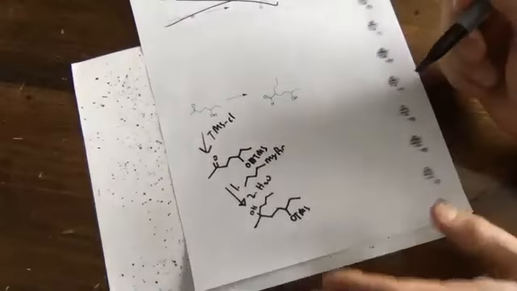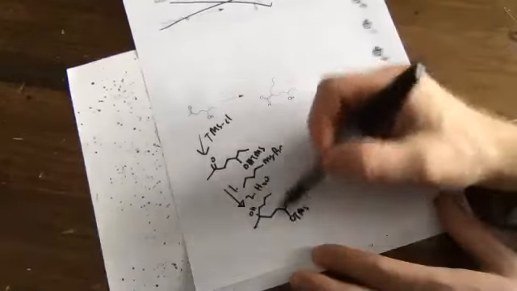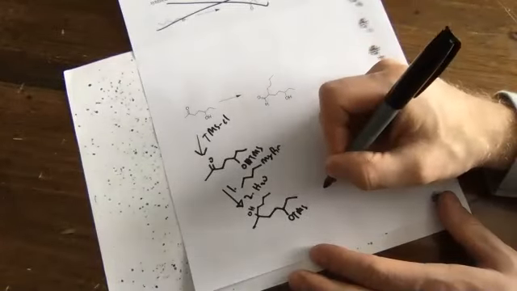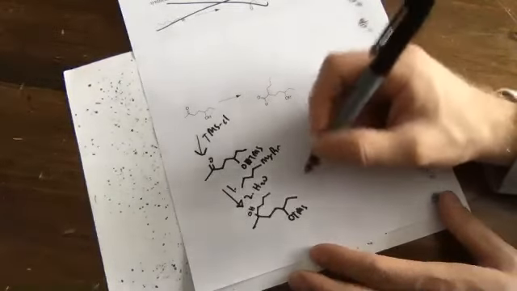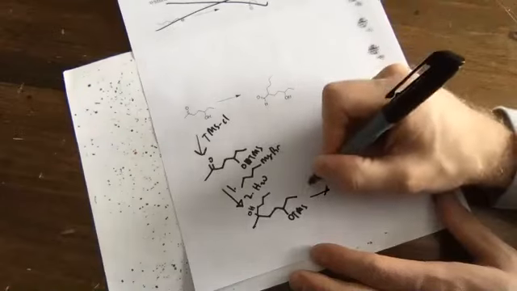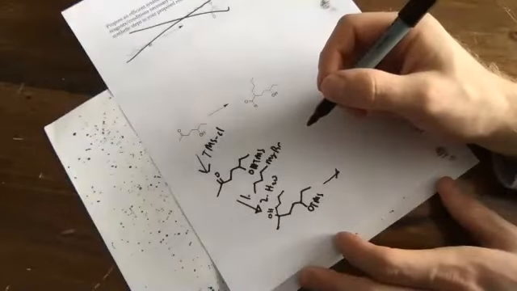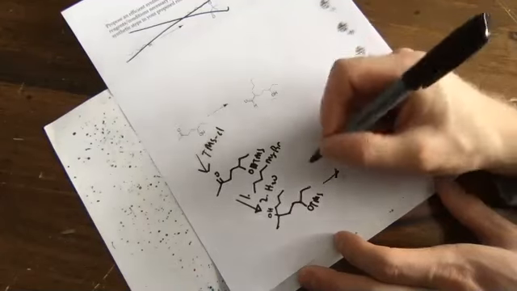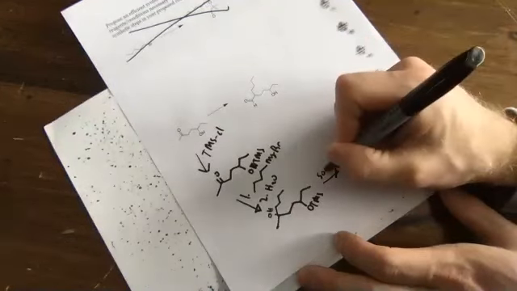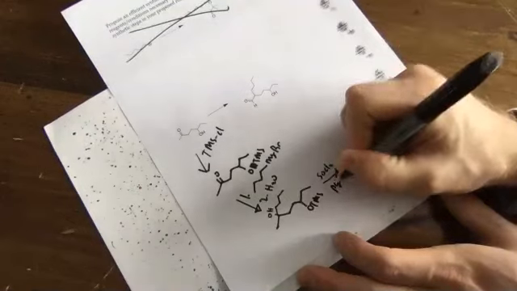So probably same steps, TMS chloride or TsCl. Or actually, really probably easier to just throw in SOCl2 to do the same thing. That lets you have a chlorine.